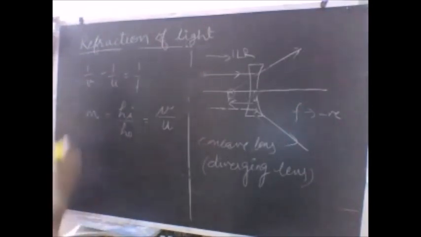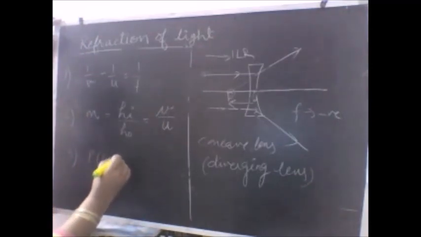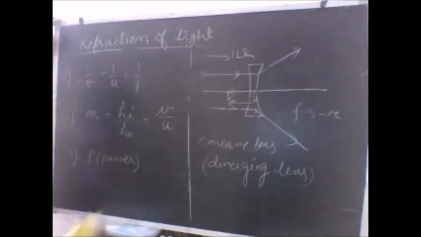One more formula that you should remember in the case of a lens is what we call the power of the lens. Like when you have any eye defect and you go to the optician to get your glasses made, then the optician checks your eyes and tells you the number, that this left eye is having more power, right eye is having less power.